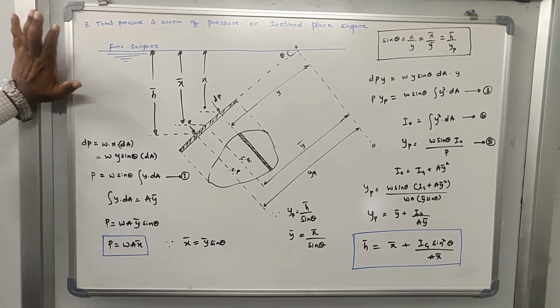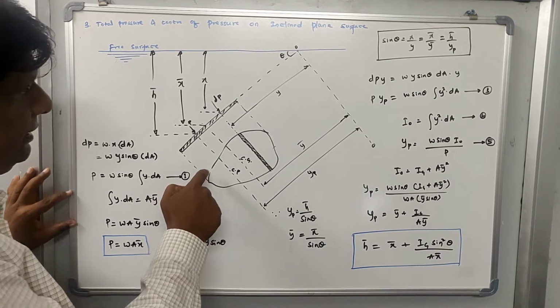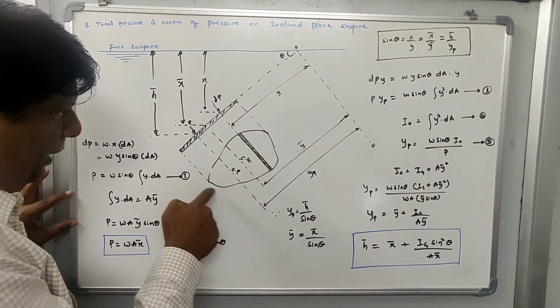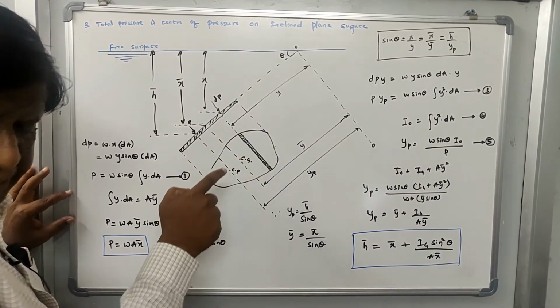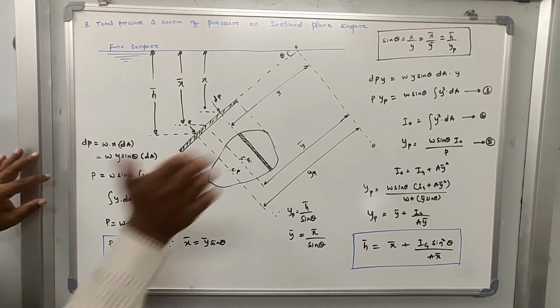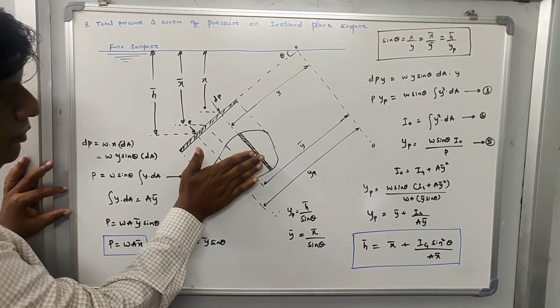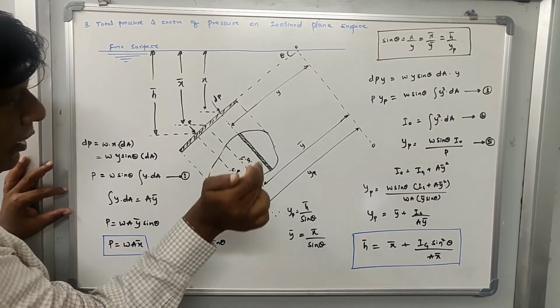So let us consider this figure. This is the plate, in the normal direction. Normal means perpendicular to the board.